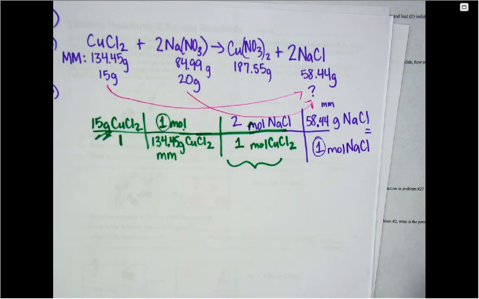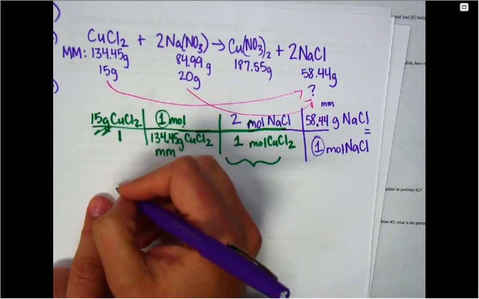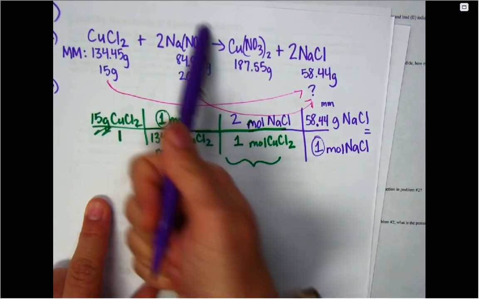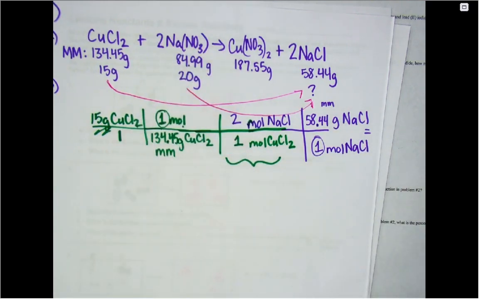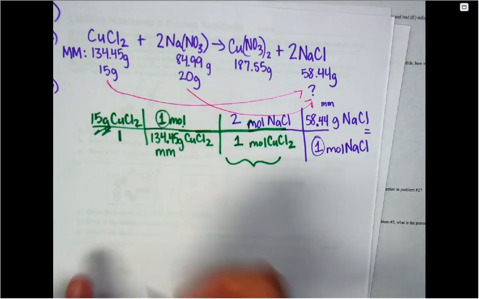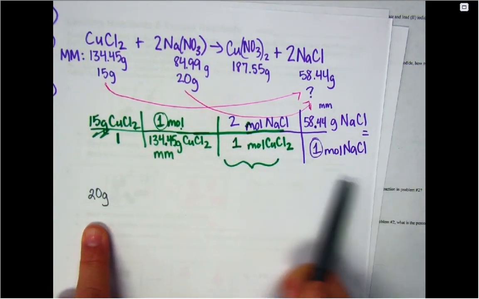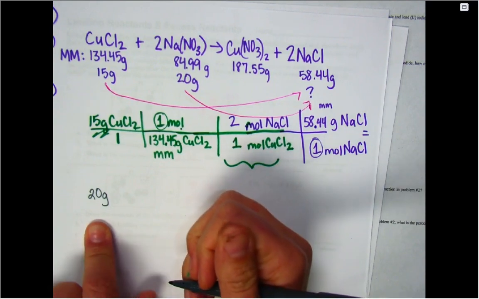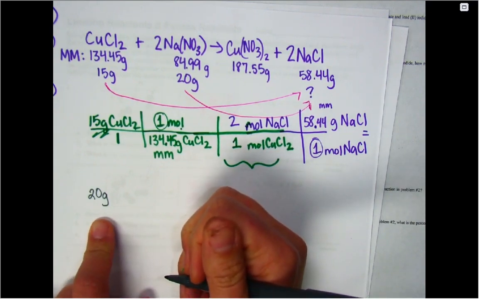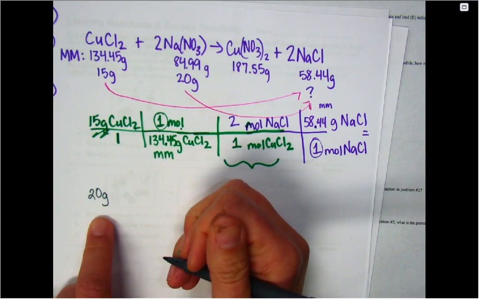And then if you'd like to start working ahead, if you kind of get the idea, just know that the next one that we're doing is now we're going to start with NaNO3. And you're going to be doing the same exact thing to solve for sodium chloride. So you can write that answer down. You should be getting something around 13 for both of these, just so you know, okay? They're not the same answer, though.